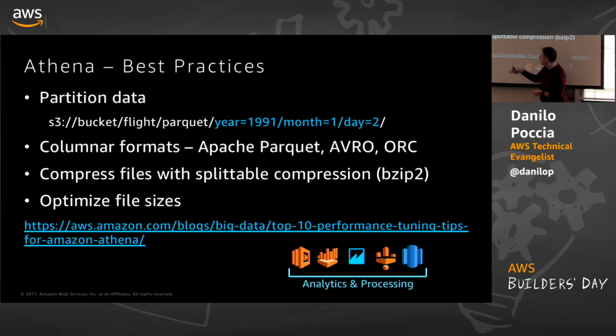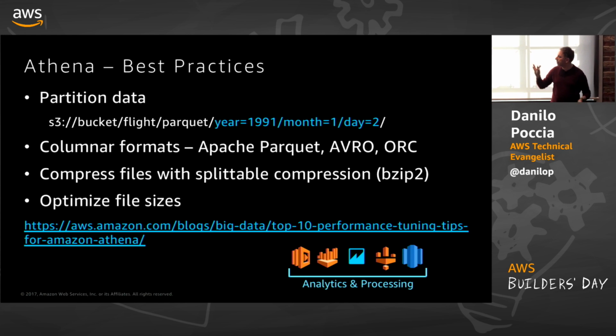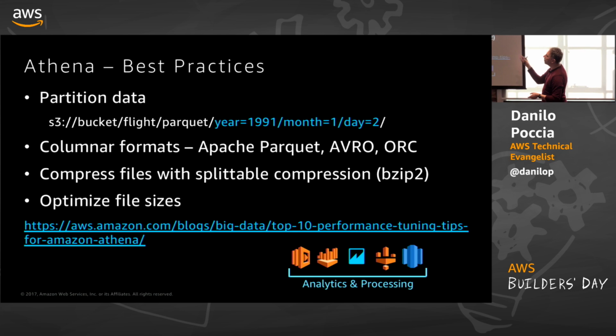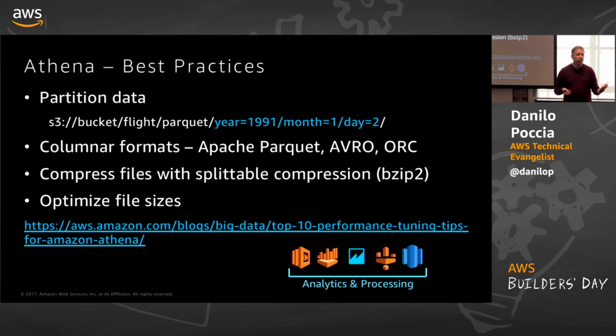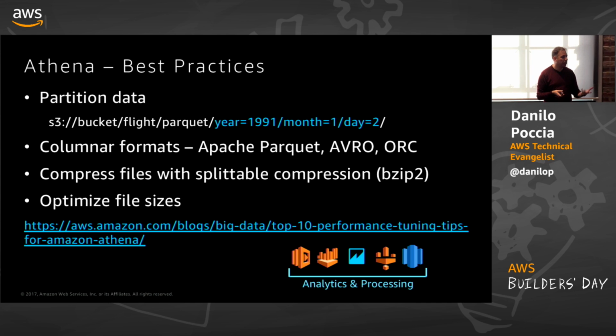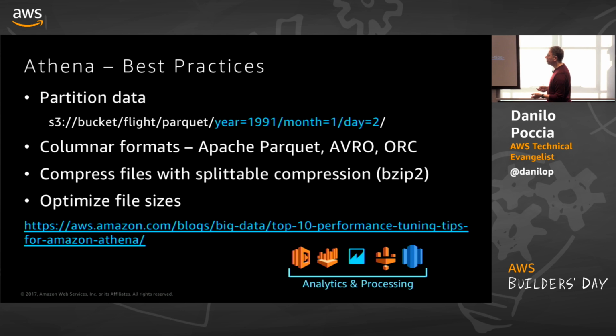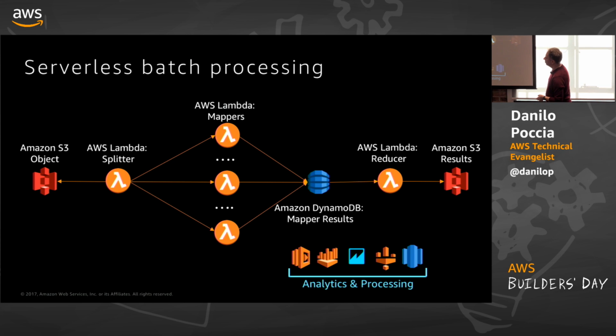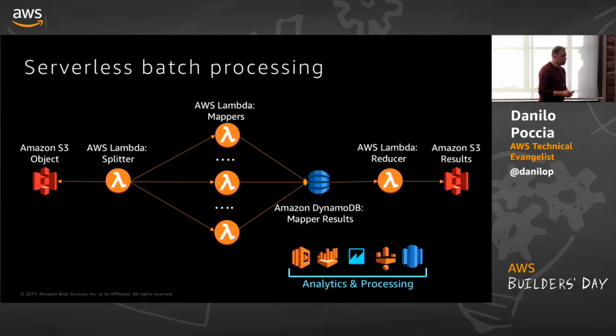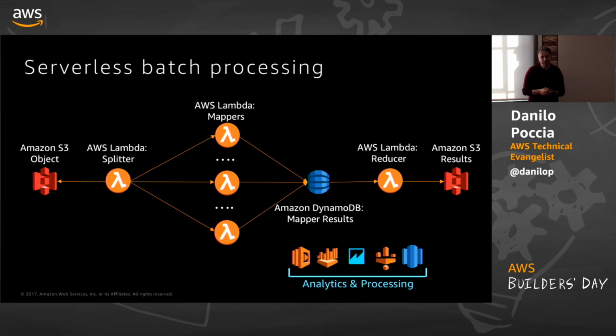And you have this blog post where we show how the same files, depending on how you store them in different formats, get different performance and different cost for the same query. So you can really optimize your cost and your speed a lot, looking at how you store your data with Athena.